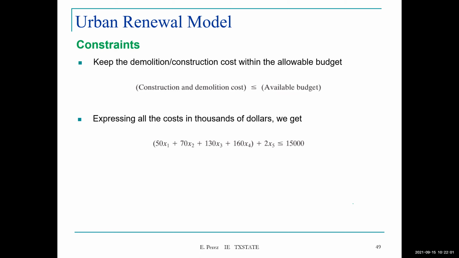The cost of building these new developments per home type is, I think, 50,000, 70,000, 130,000, and 160,000. Plus the cost of demolishing these homes has to be less than or equal to the budget that we have available. So that's how we are using that information in terms of making sure that we are meeting our budget.